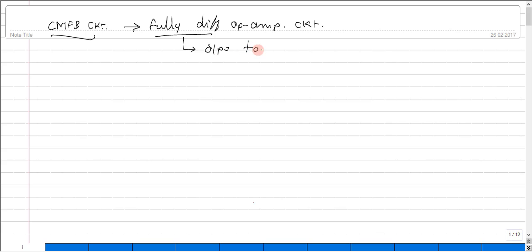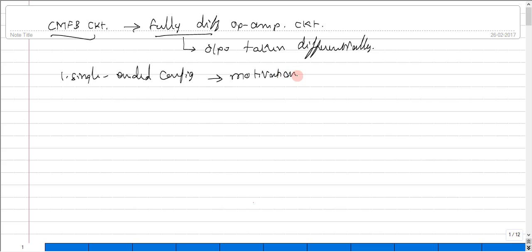general taken differentially. First let me review single-ended op-amp configurations, and from there we will try to derive some motivation towards the design of fully differential circuits.